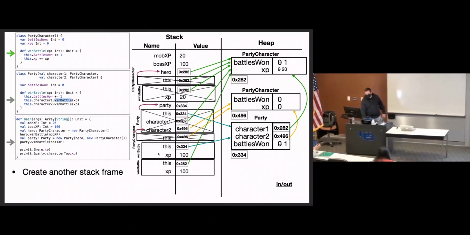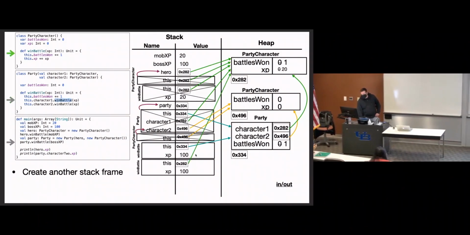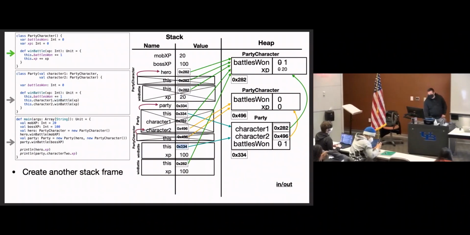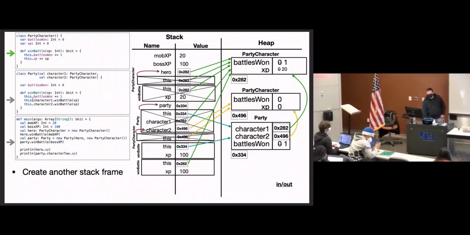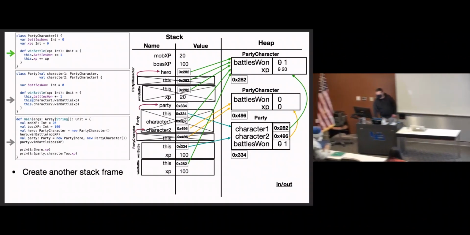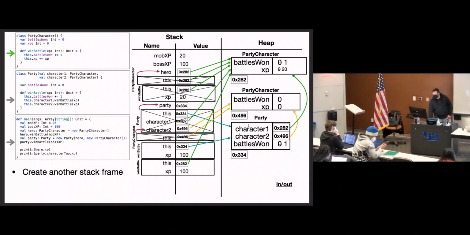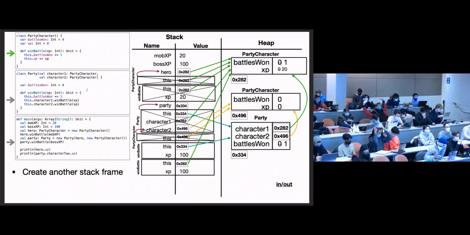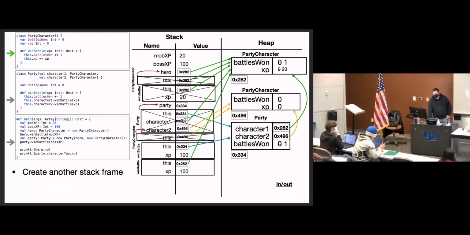This.character1.winBattle. So inside this stack frame, we're going to say this. Every time we see the dot, it means we're following a reference to its object. This dot, we're over in this object. Character1 dot, follow the reference. And then character1, this party character, dot win battle. So we're calling win battle from this object.